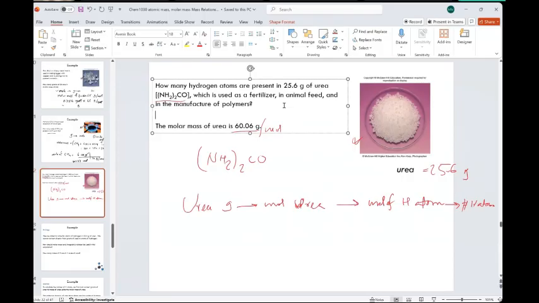So let me ask you a very simple question that we learned previously. How many moles of hydrogen are in 1 mole of urea? Well, I would think it's 4. Yes, it is 4. You're thinking right.